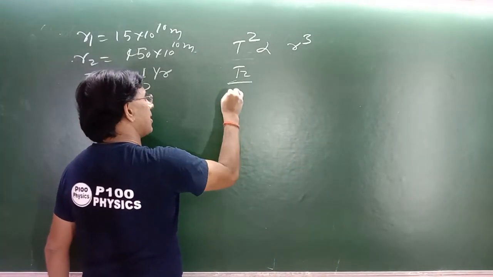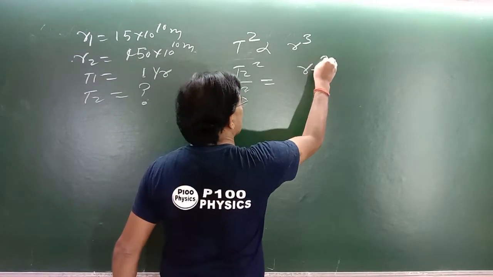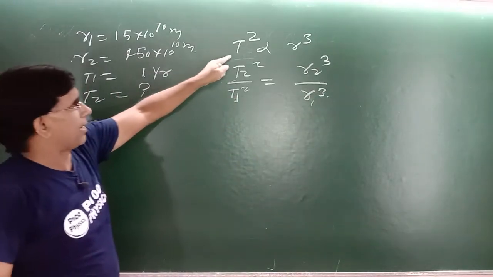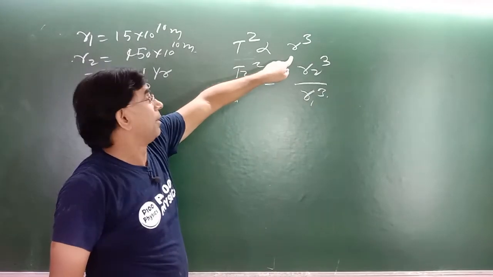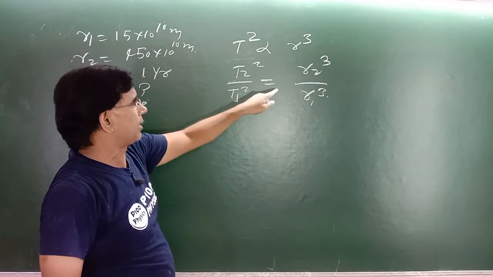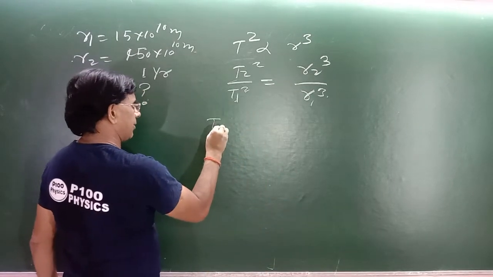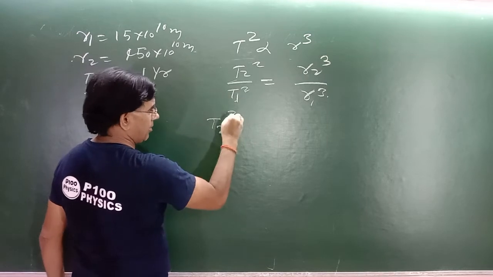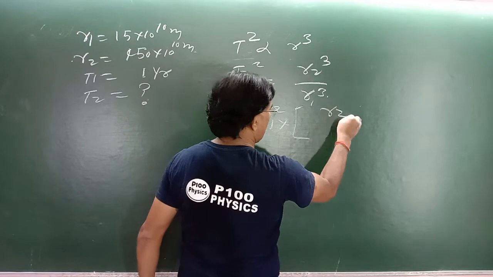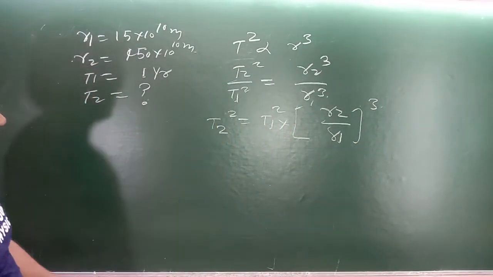Therefore, T2 square upon T1 square can be written as R2 cube upon R1 cube. Or T2 square equals T1 square into R2 upon R1 cubed, very easily, no problem.